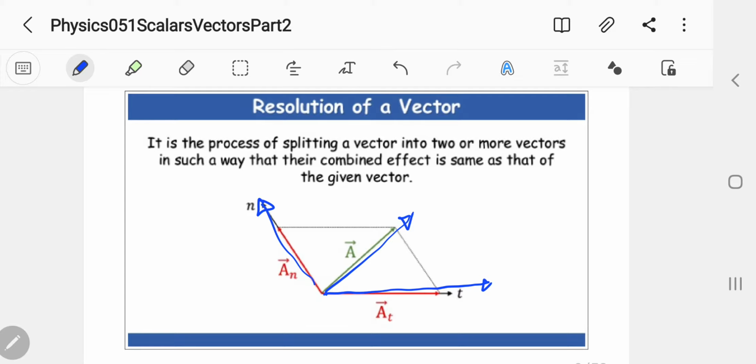So in that case, you can write A equal to A_n n plus A_t t. These are the unit vectors on this axis, and the unit vector t is on this axis. So anyway, let's not complicate ourselves. We just use the xyz coordinate system.